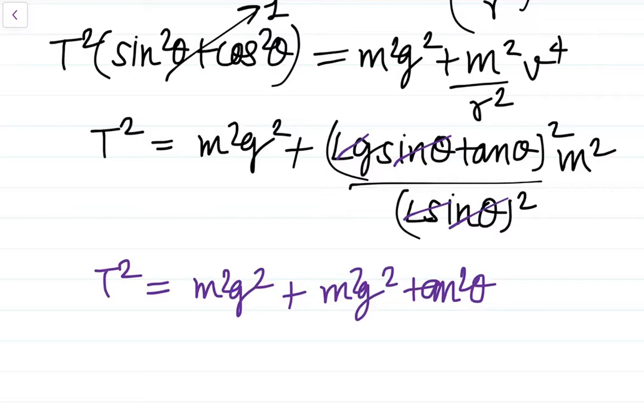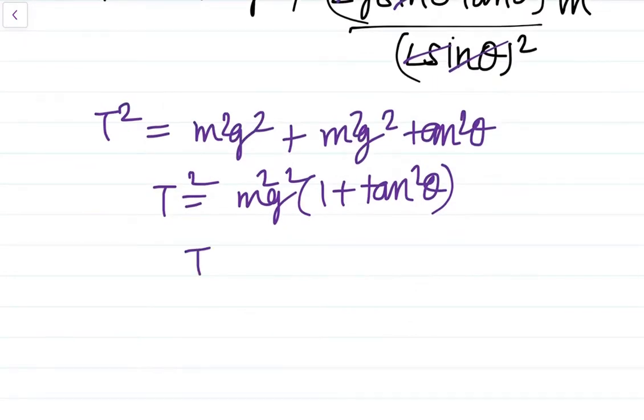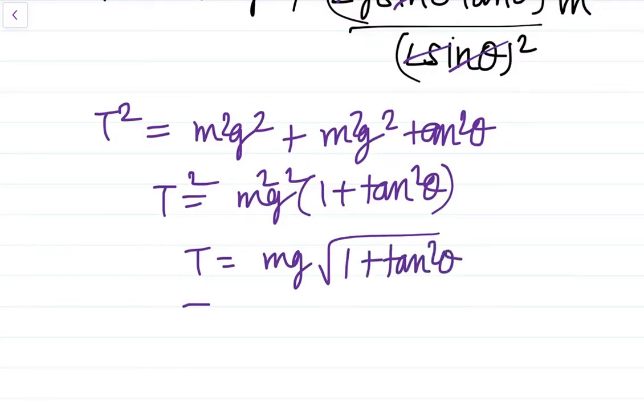Alright, so T squared is equal to m squared g squared into (1 plus tan squared theta), that is T is equal to mg under root 1 plus tan squared theta, that is T is equal to mg sec theta.